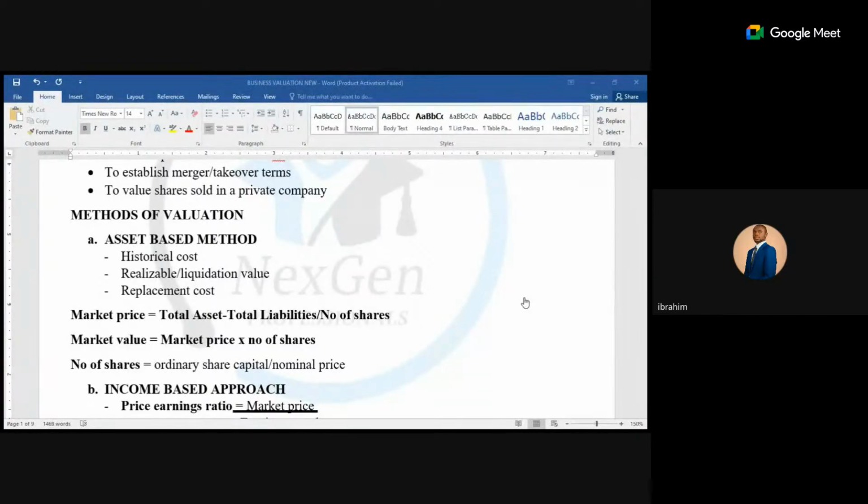So the formula still remains the same. What will be the market price? What you want to calculate is the market price, or the market value. When you get the market price, you get the market value.